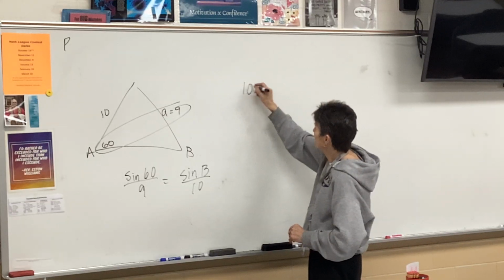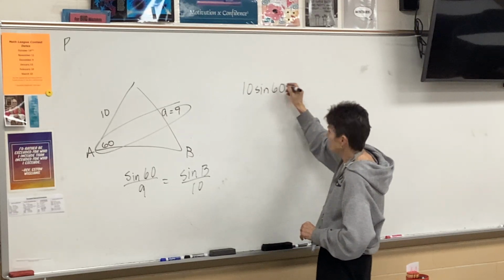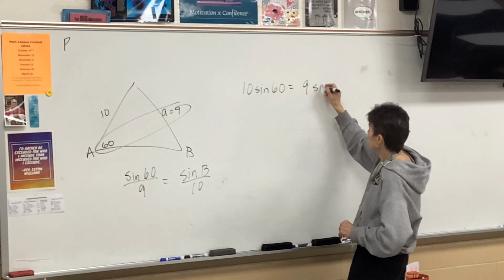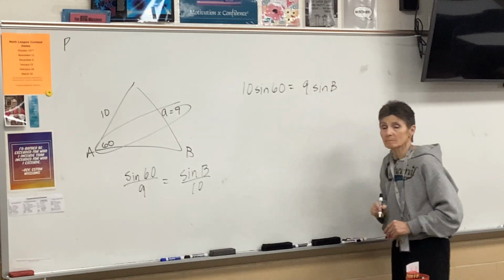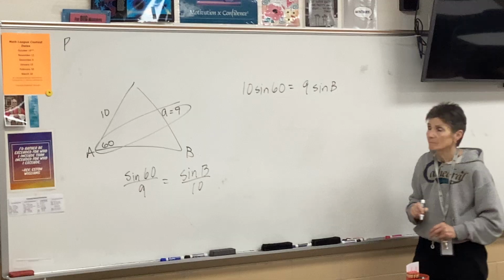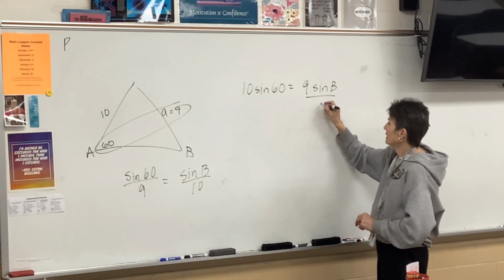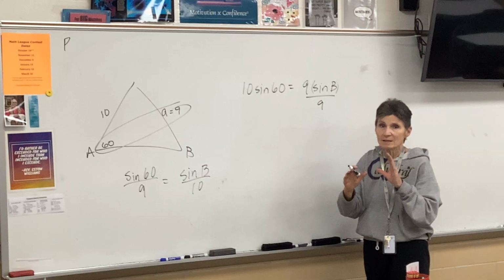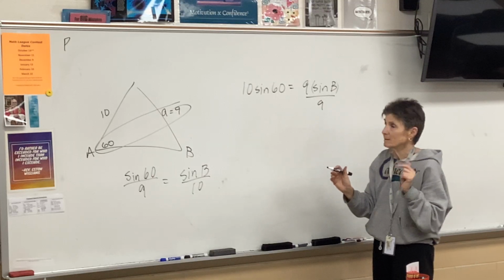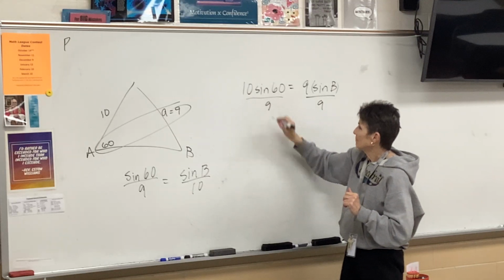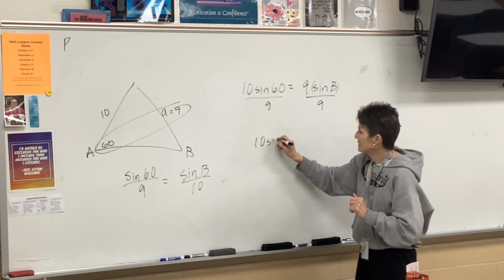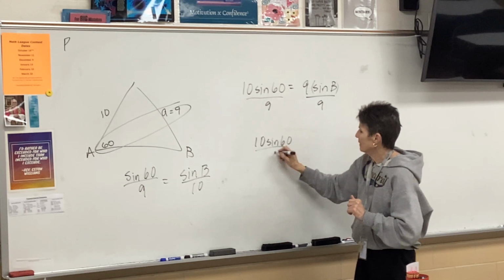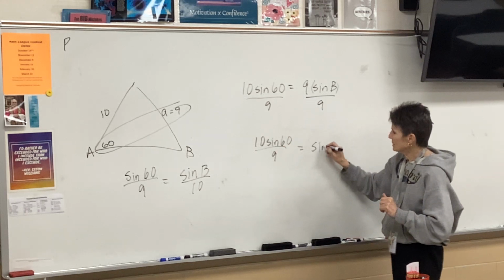So I get 10 sine 60 equals 9 sine B. Divide by 9. Remember that you cannot separate that. So all you can do is divide by 9. So 10 sine 60 divided by 9 equals sine B.